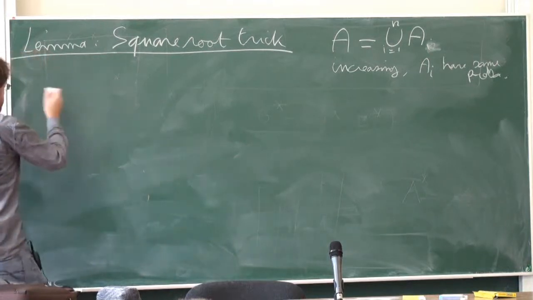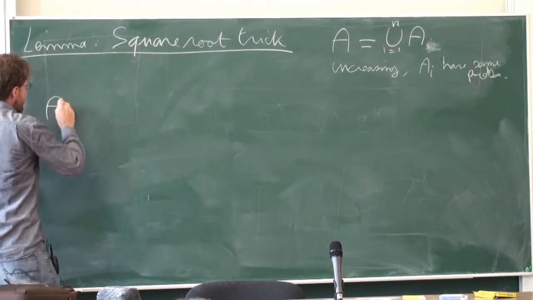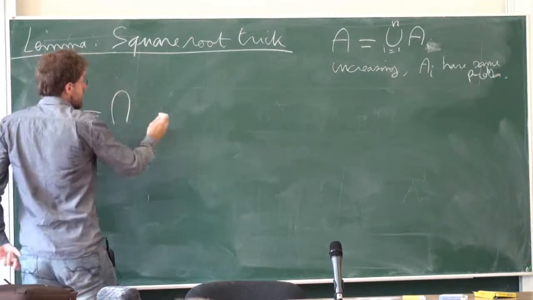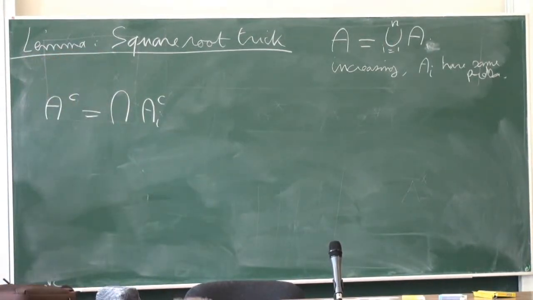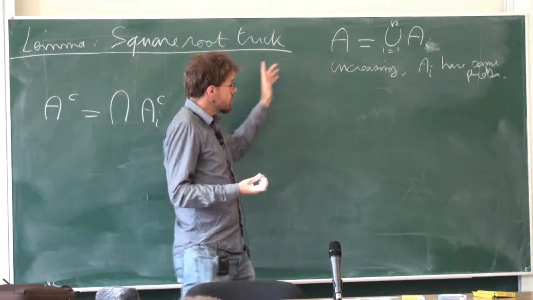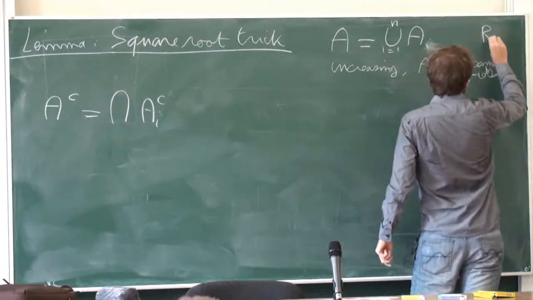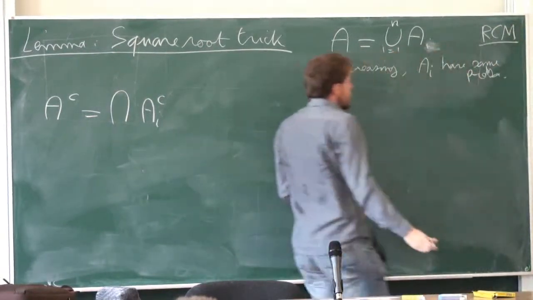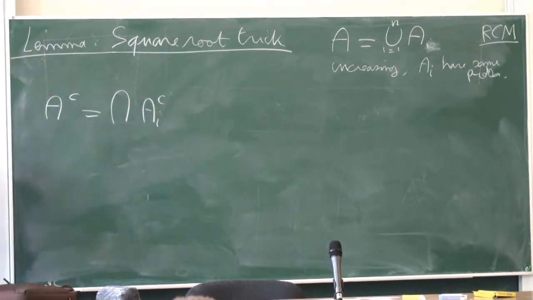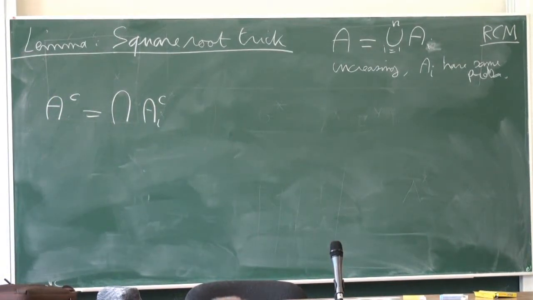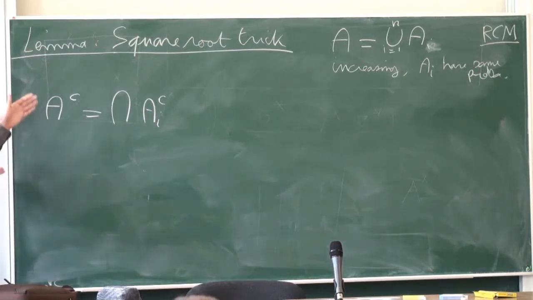So look at the complement. The complement of A is the intersection of the complements of A_i. And now we are speaking about the random cluster model, so this is stated for the random cluster model. The A_i complements are decreasing events. And because of the FKG inequality that Hugo stated yesterday, decreasing events are also positively correlated.